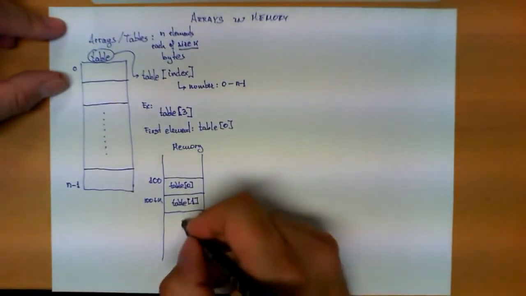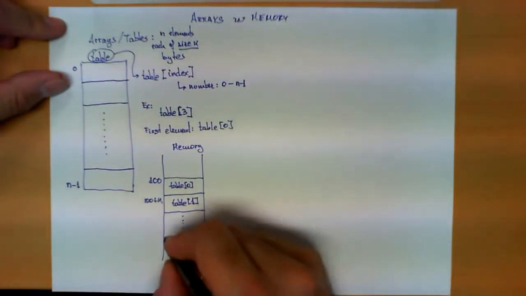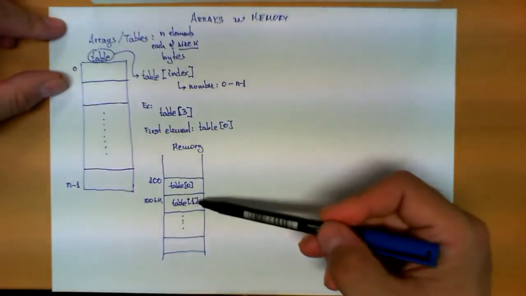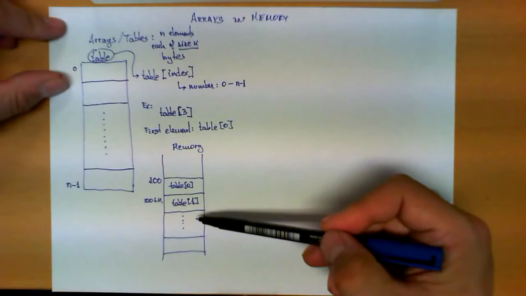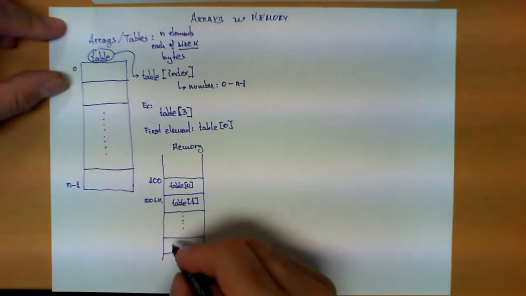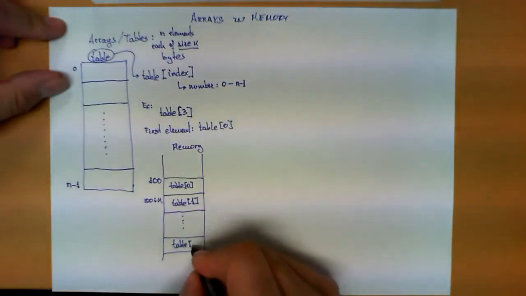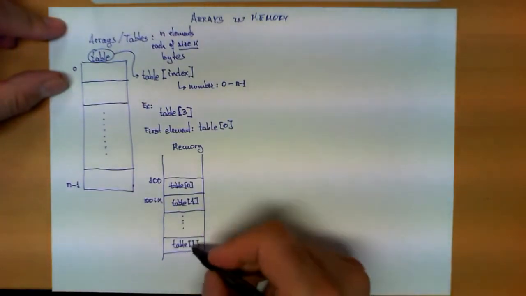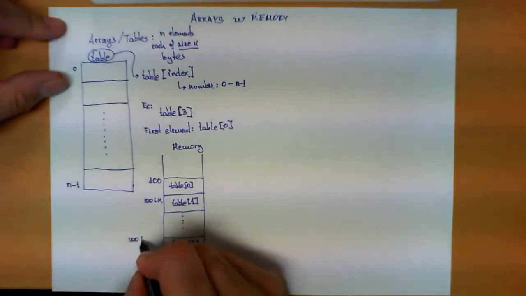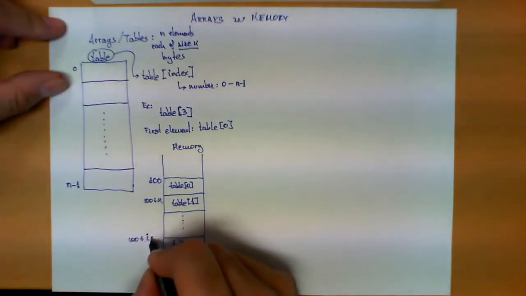Now as we can see, further elements down the table will be all stored in positions that we can obtain by adding k bytes to the previous one. So in general, the element table of I, being I any number, will be stored at the position 100 plus I times k.